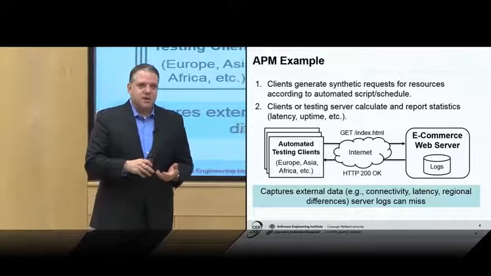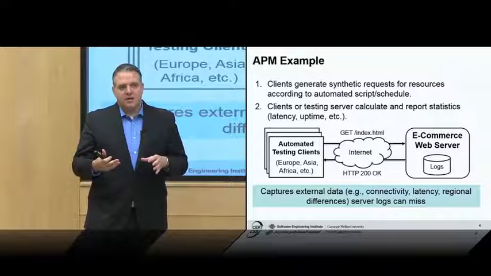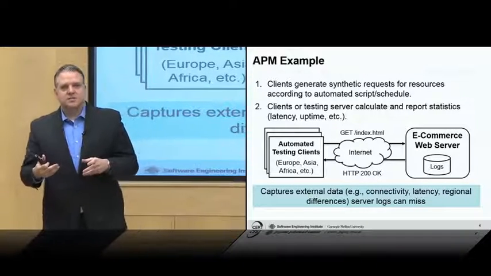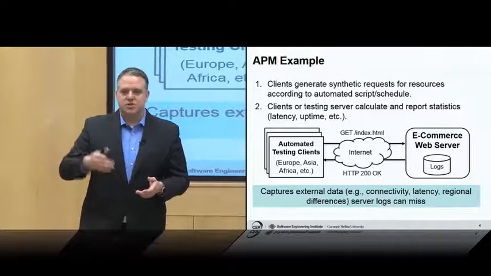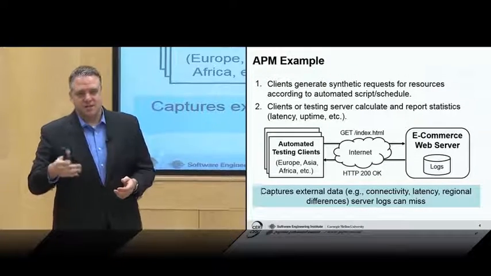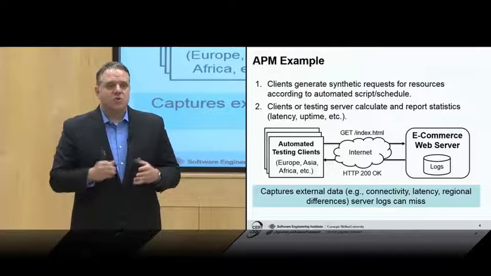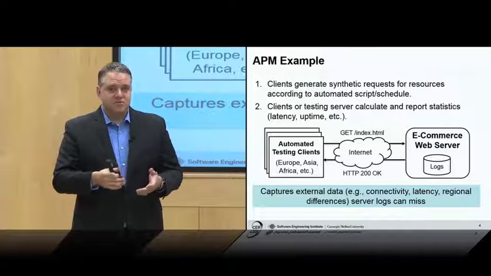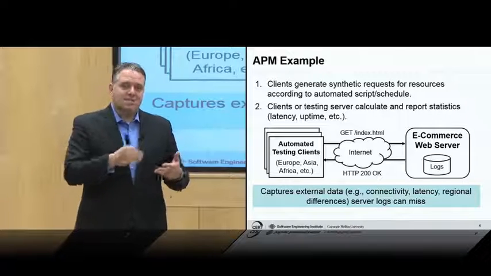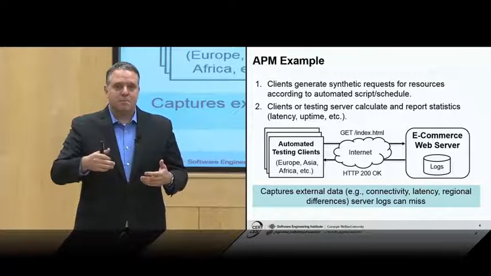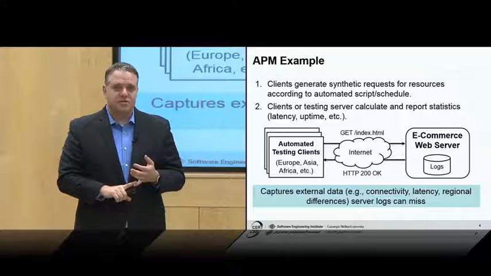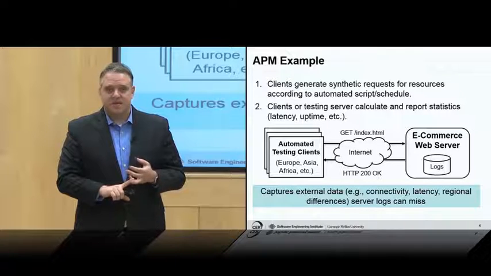As an example, you might have a client generating some type of request for resources, just viewing a web page. Let's just say it's a GET request for index.html. You can create a set of synthetic transactions or scripts that go and test this, just simply getting the web page from different geographic regions at different times of the day.